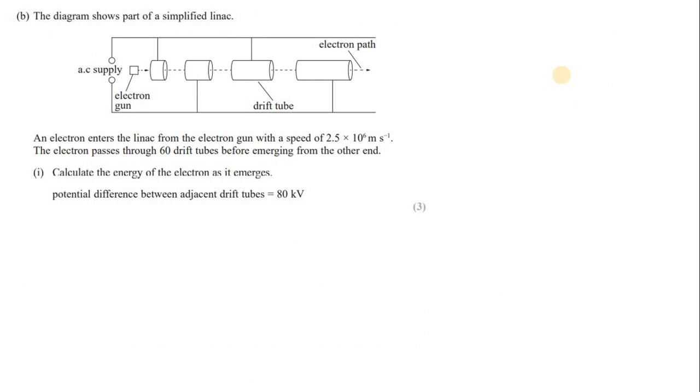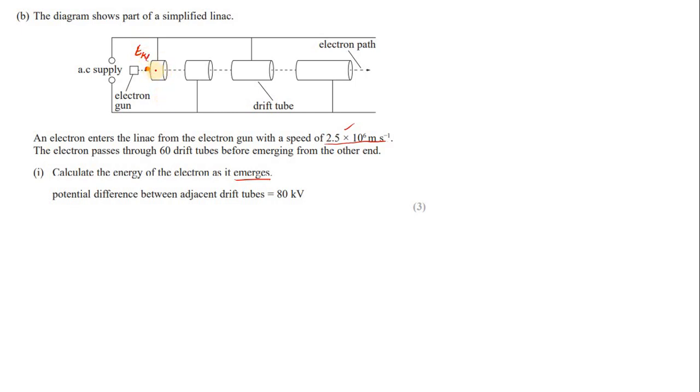The diagram shows part of a simplified LINAC. An electron enters the LINAC from the electron gun with the speed of this. The electron passes through 60 drift tubes before emerging from the other end. Calculate the energy of the electron as it emerges. So basically the electron entering the first drift tube with this velocity already has some kinetic energy, EK1.